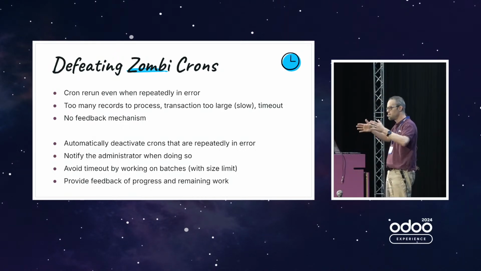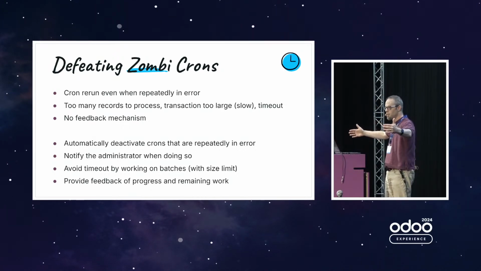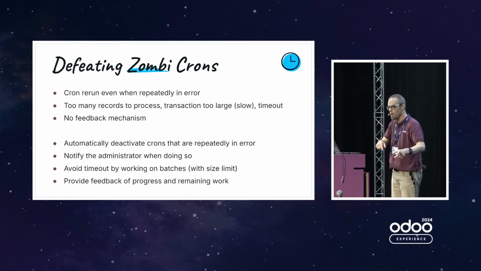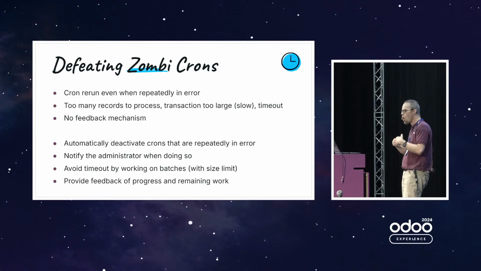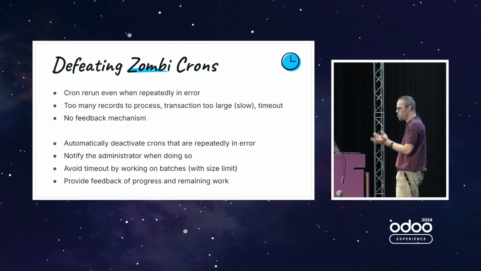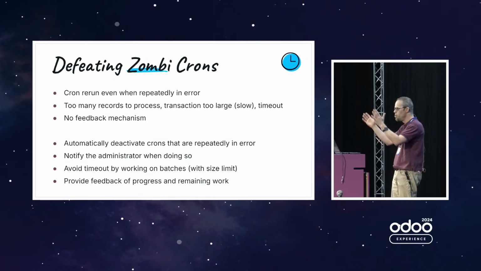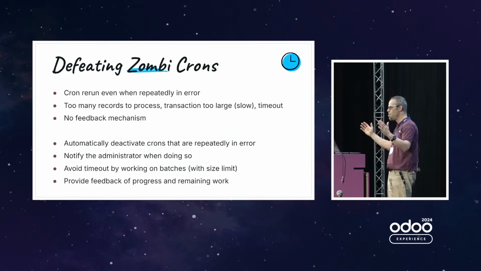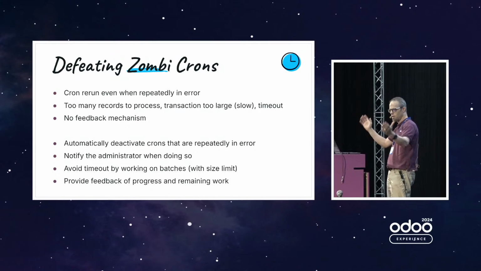The bigger the transaction, the slower it will get. If you have to update 1,000 records, it's fine. It's a reasonably sized transaction. If you start updating 10,000 records, kind of fine.